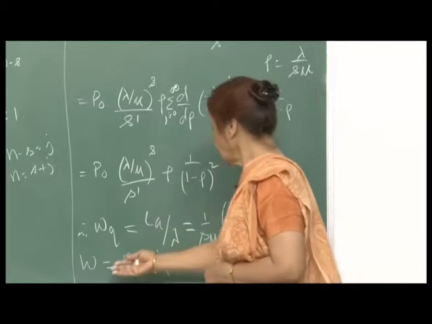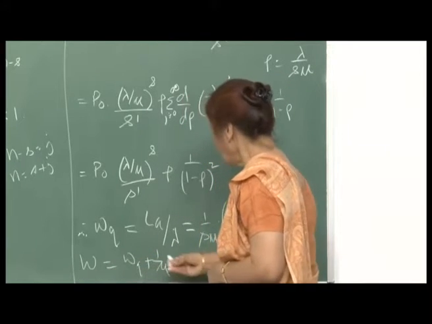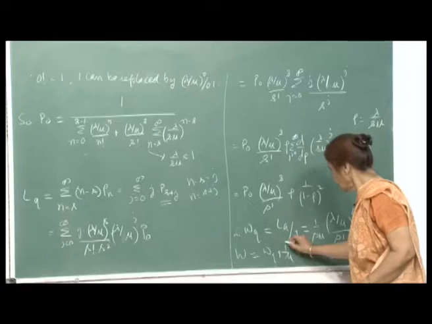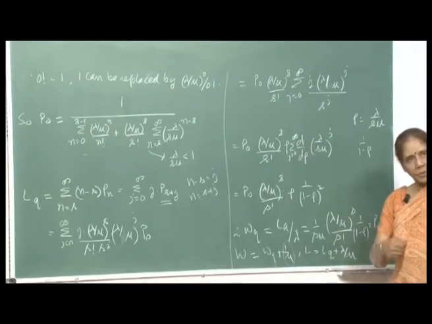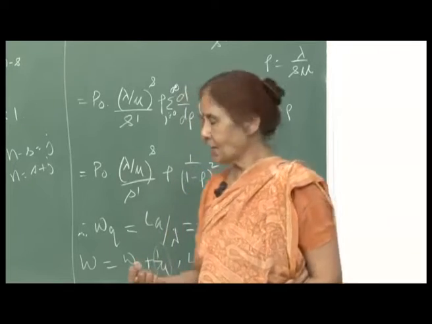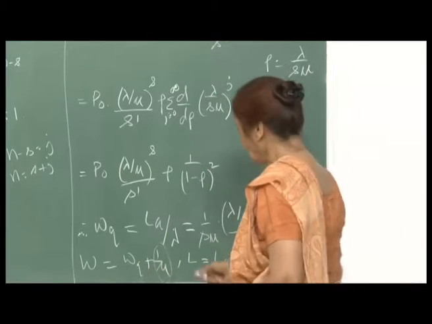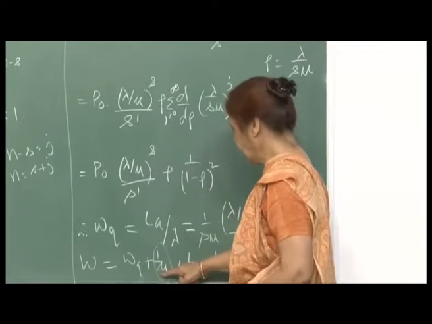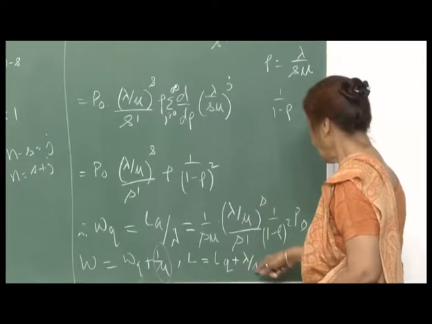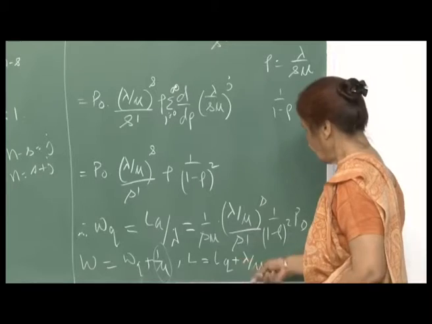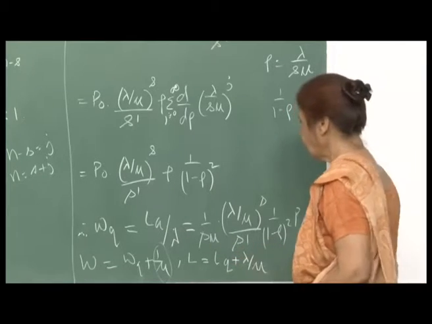Then, remember the difference between W and WQ will still be that of one service, because your departure from service is 1 at a time. So, therefore, this will be not 1 by S mu, it will be 1 by mu, right. And similarly, L will be LQ plus lambda by mu. So, keeping that in mind, you have all these relationships.